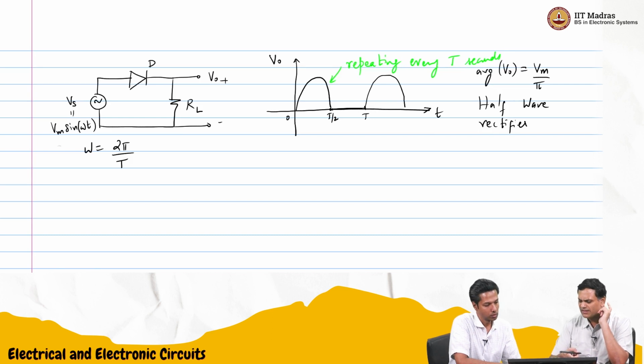That means the frequency corresponds to 2 pi by T, no?